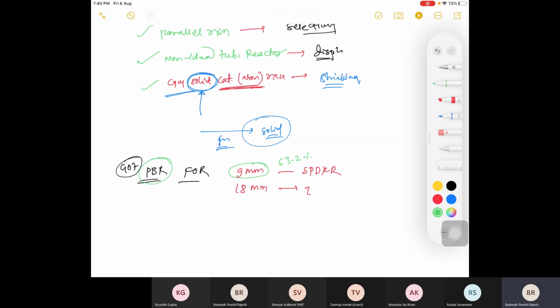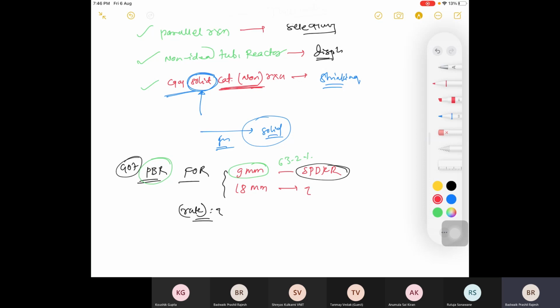See, it is given packed bed reactor, so you need to use that formula. It is not asked to find out rate, right? Suppose it is asked to find out rate, then you can directly tell, because in the strong pore diffusion resistance regime, rate is inversely proportional to size of catalyst. Now, are you getting this question? See how they try to confuse you, because they directly say strong pore diffusion and they are asking for conversion, not for rate.